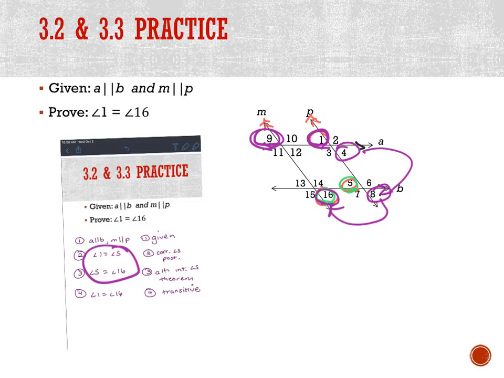Okay, I have to go to the next one. I know what the last is. I got them wrong. How can you tell? If we're talking about a single object, and we're talking about angles right now, this object equals this object, and that object equals a third, so the first and the third equal each other. That better option is transitive. If you're saying a value, like angle 1 equals 90 degrees, angle 2 equals 90 degrees, so angle 1 and angle 2 are equal to each other, that's substitution, because you're doing a value.